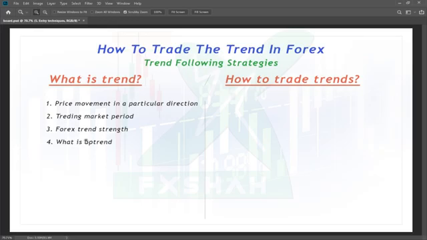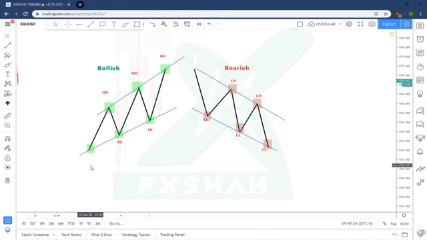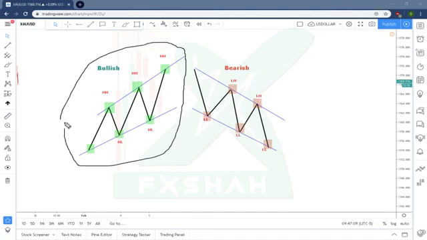After that, we have what is an uptrend, right? We have two types of trends. Number one is uptrend and second is downtrend. This is an example of an uptrend. This bullish move is called an uptrend. A leg from swing low to swing high, connected by a touch. With two touches, we have an established trend, right? This is a swing low, this is a swing high. This is a swing low, this is a swing high.